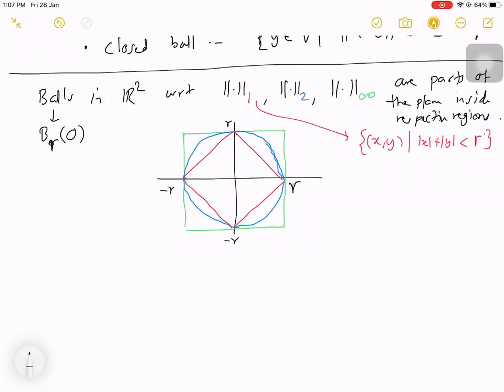So picture some sequence in the plane, right? Something that is falling into 0. Okay. So, but just think about this. No matter how small a circle I take, eventually this sequence falls in the circle. If instead of that circle, I start taking those red diamonds, will the same thing be true or not?